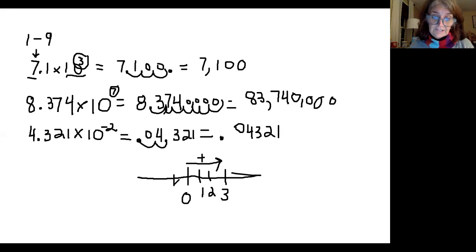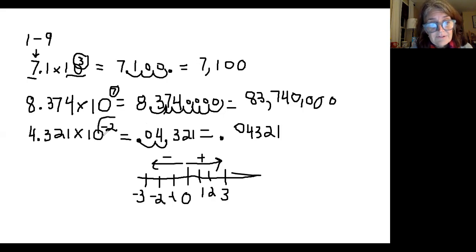But when we're moving to the left, we're moving in a negative direction. -1, -2, -3. Okay? So what this number up here tells us is not only the number of place values to go, but in which direction.